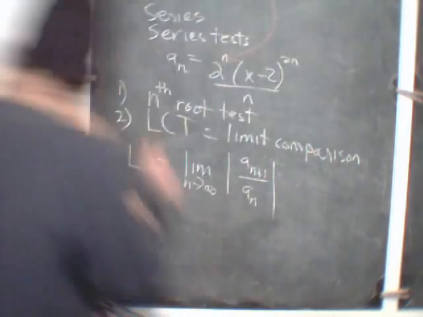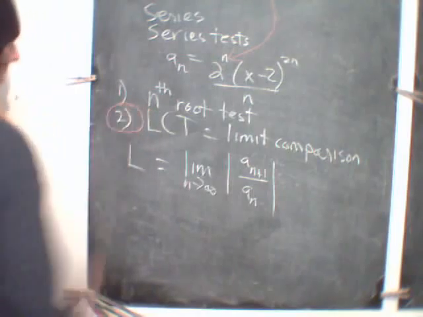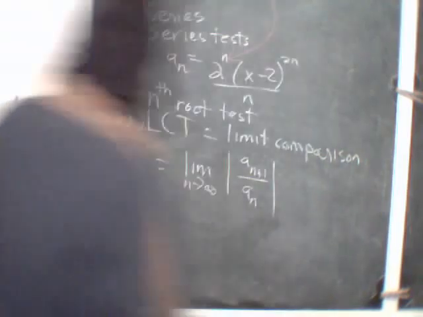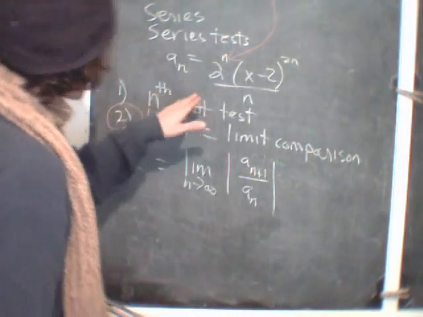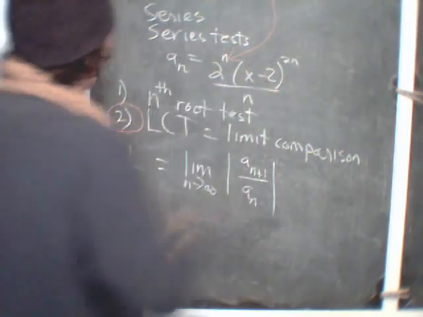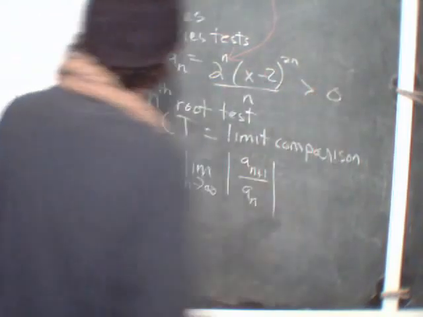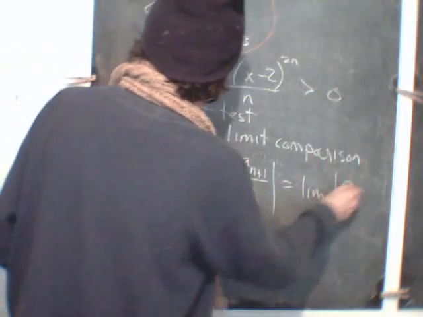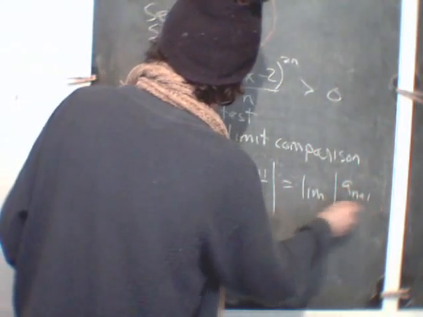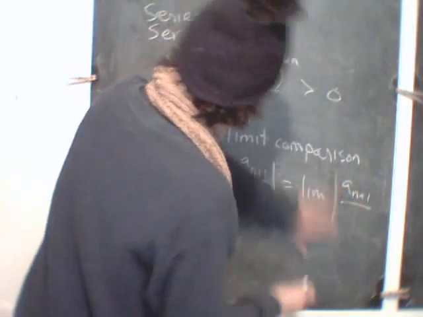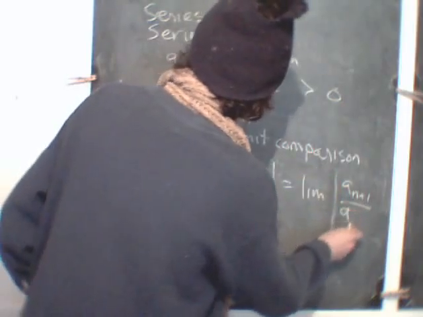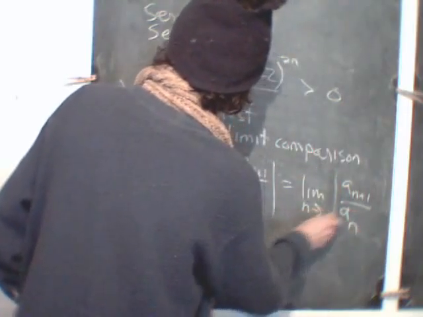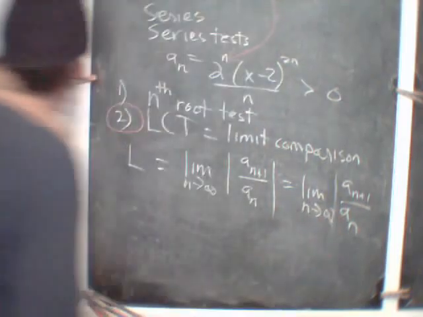We have to evaluate that limit and see what it equals. Well, first thing to notice is that this is a positive quantity. a_n is always greater than 0, so we can just drop the absolute value because everything's always positive.